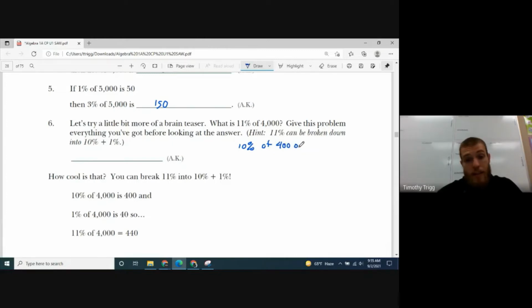To find 10%, again, you just take off one zero, or in other words, move the decimal one place. So 10% of 4,000 is 400. And what about 1% of 4,000? In that case, you would take off two zeros, or in other words, move the decimal two places. So that would be 40. So 11% would be 10% plus the 1%. So 400 plus 40 is 440. So 11% of 4,000 is 440.